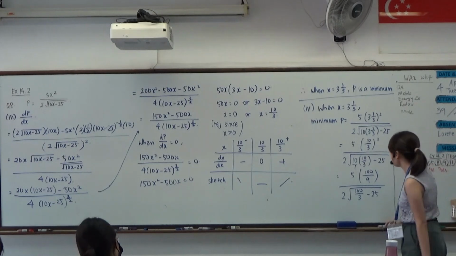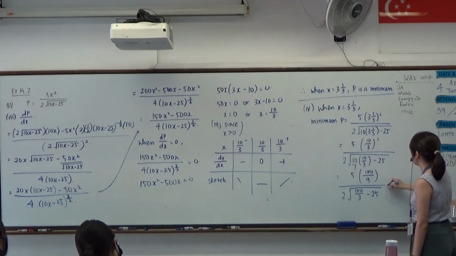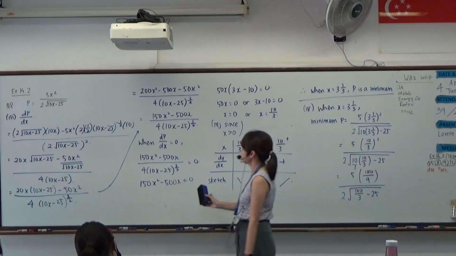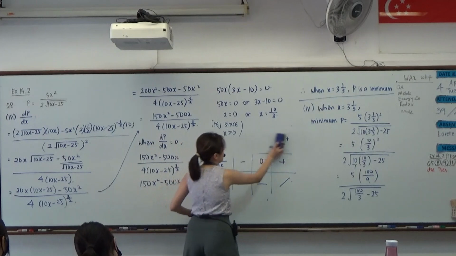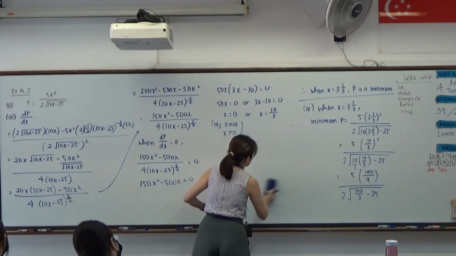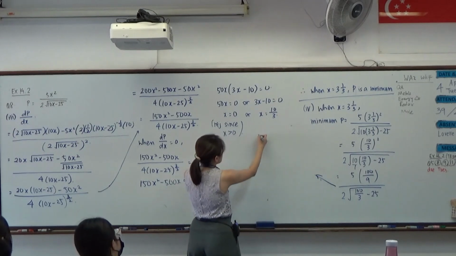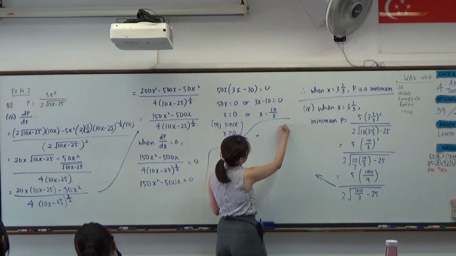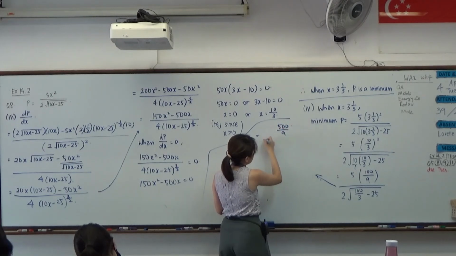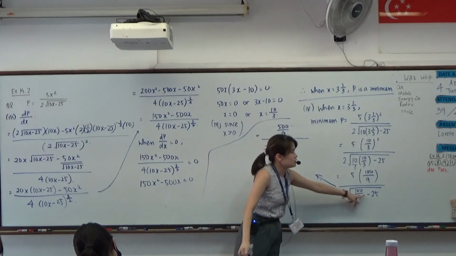Then, where should I proceed next? I erase the first derivative test. I assume you all can do this part. We will have 500 over 9 to 100 over 3 minus 25.